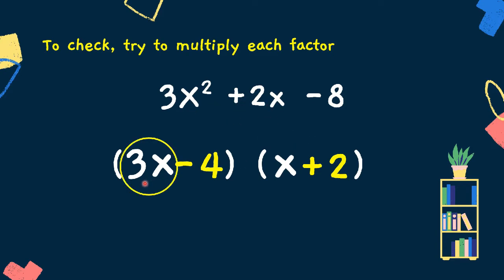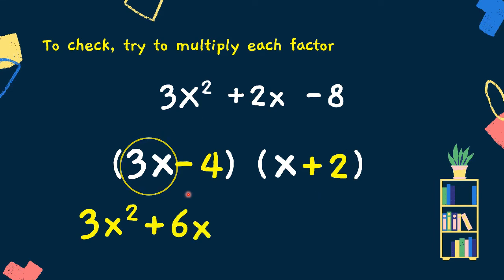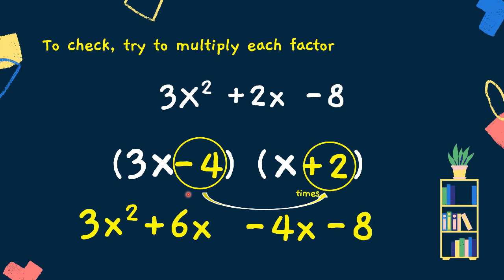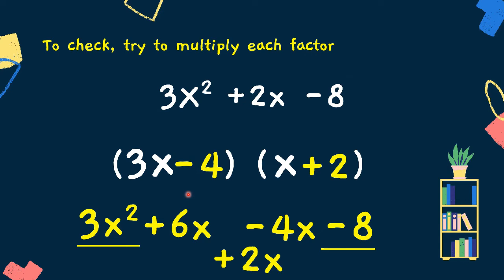So, multiply 3x times x is equal to 3x squared. 3x times 2 is equal to positive 6x. Negative 4 times x is equal to negative 4x. Negative 4 times positive 2 is equal to negative 8. Again, the first term and third term match the given polynomial. Combining like terms, we have 6x minus 4x, which gives us positive 2x.